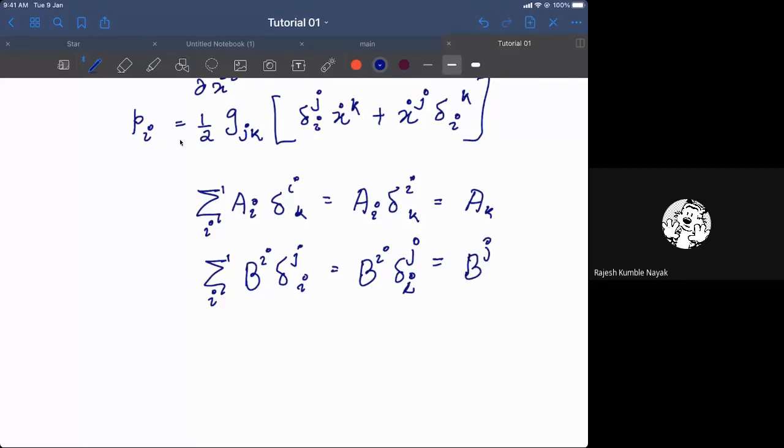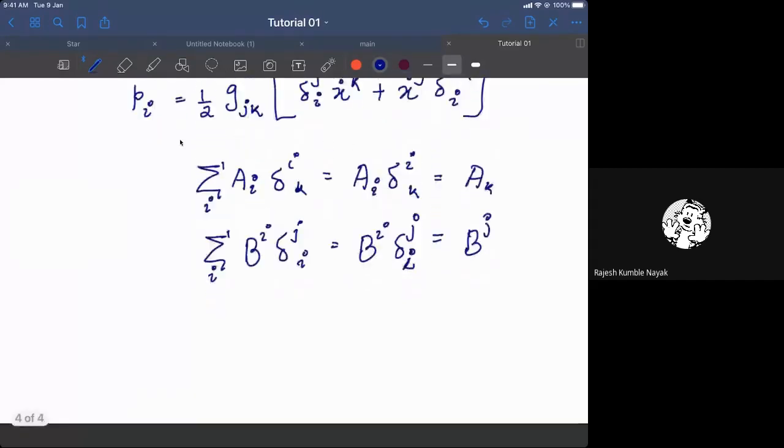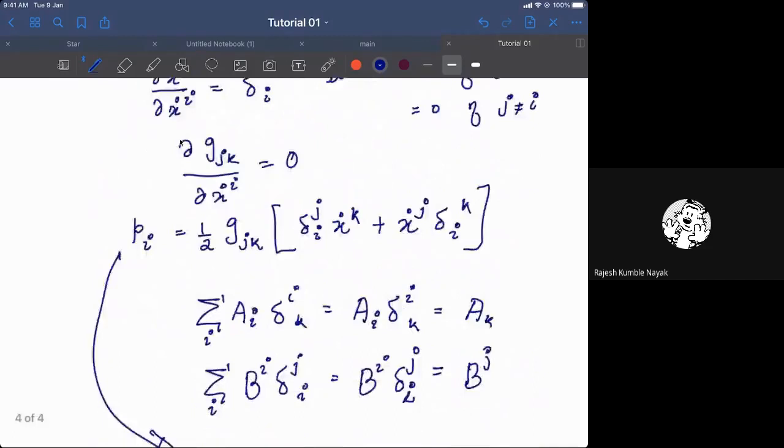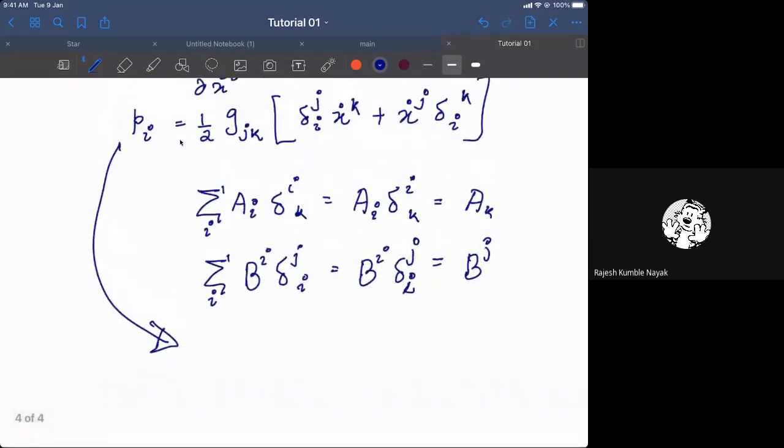So this is an identity which we use, and then we apply this for our problem. We have a delta function, and we end up with the expression. Can you see it now? Okay.